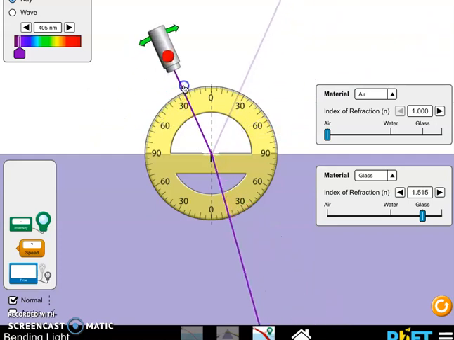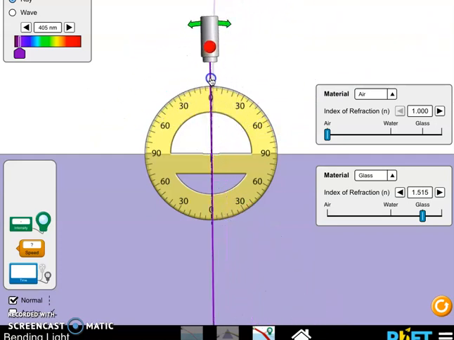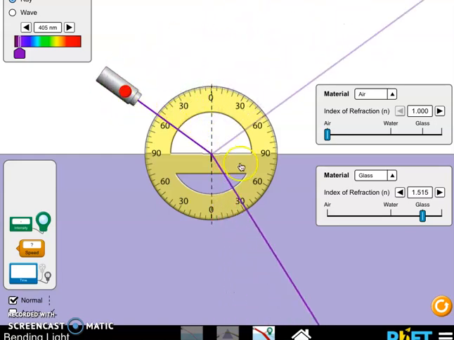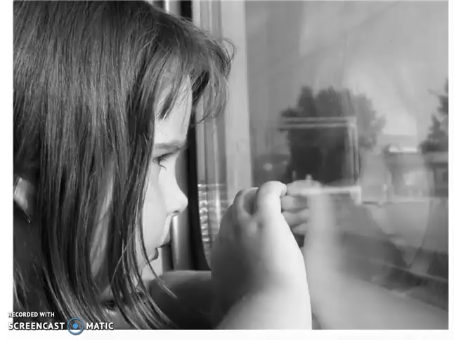So notice that both reflection and refraction happen when light hits a barrier. When light hits a barrier, some of it travels into the new material and some of it reflects back into the old material. But to close this off, keep in mind that you already know that light both reflects and refracts.